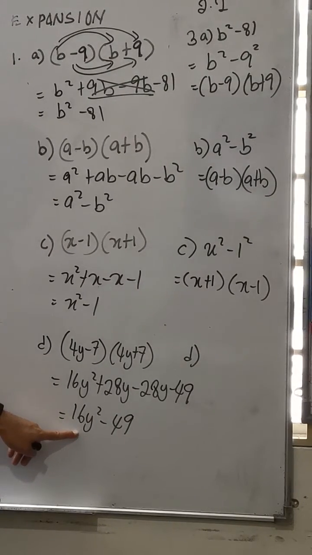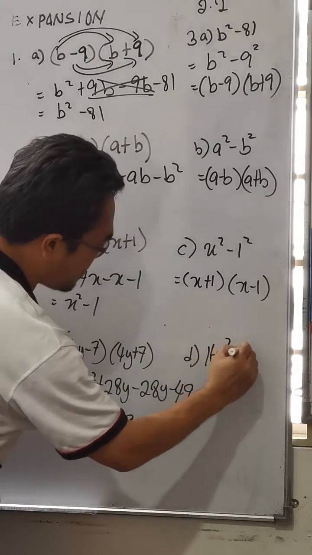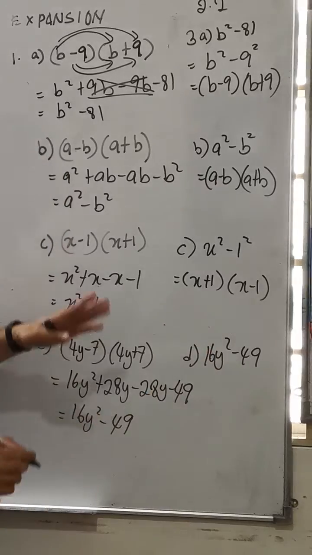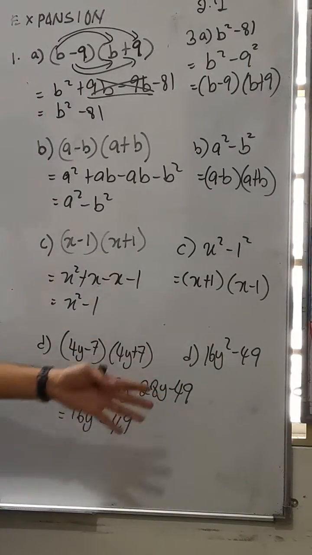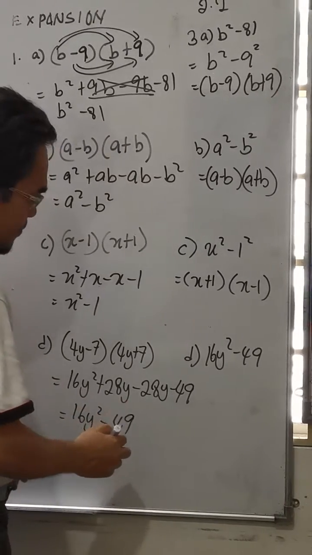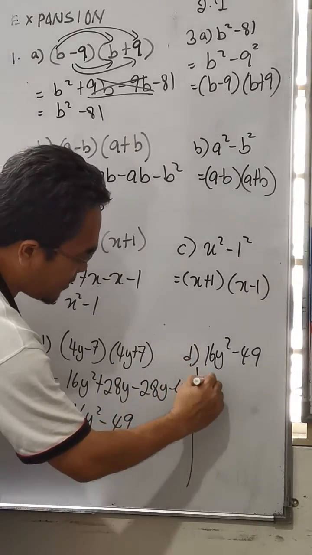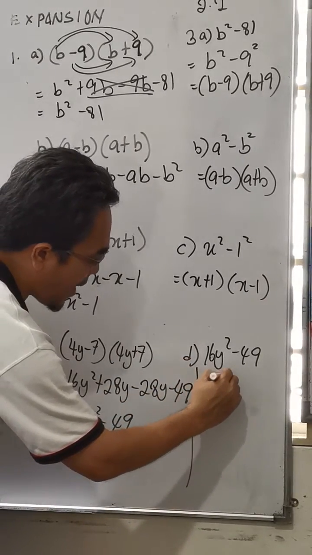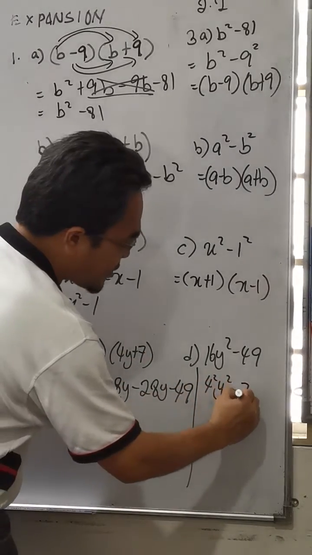So 16 is what? This question is 16y squared minus 49. If you notice these numbers are perfect squares, we change to the square pattern. That is 16 will be 4 squared, 4 squared y squared. So 49 is 7 squared.